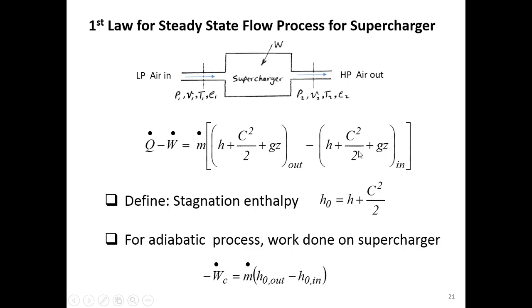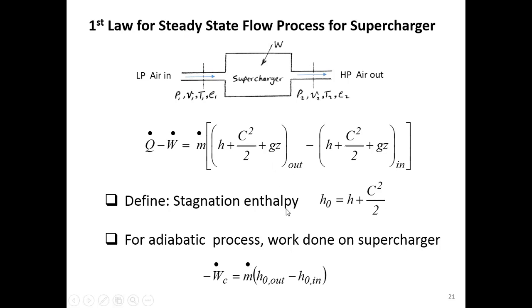When you look at this term inside the big bracket here, it will be better if we define another term that we call stagnation enthalpy, or sometimes the total enthalpy.